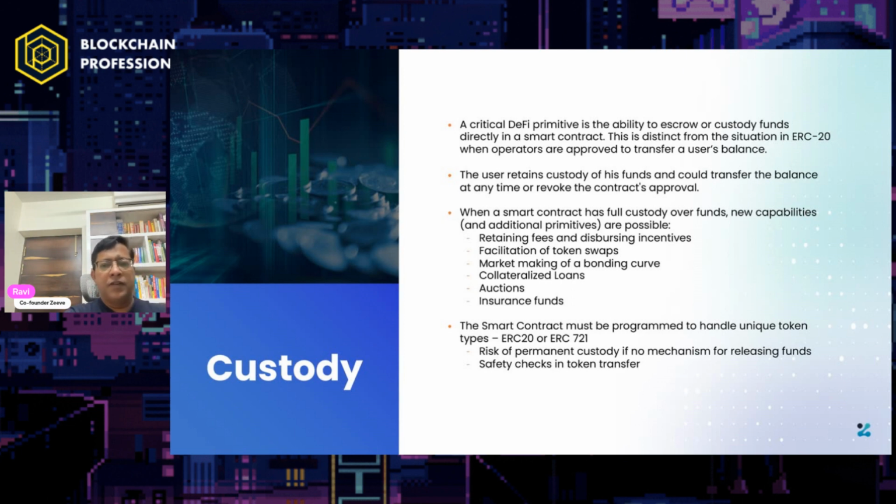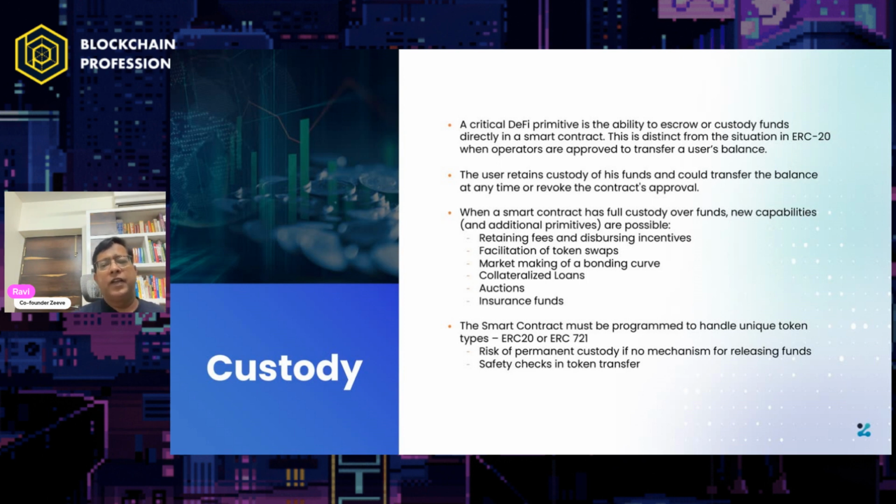So the next topic we are covering today is custody or the escrow. Escrow contract, as we took an example in OpenSea, there are various DeFi platforms where you'll see the flavor of escrow contract, and the whole idea is to have escrow being governed by a smart contract. Traditionally, we have seen escrow or custody being a third party, which holds the custody of assets, and any kind of transaction can happen through that third party.